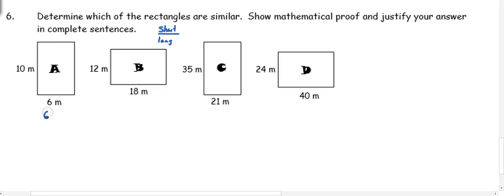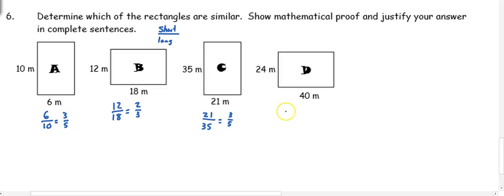So in A, my shorter side is 6, my longer side is 10. This reduces to 3/5. In B, my shorter side is 12, my longer is 18, and this reduces to 2/3. In C, my shorter side is 21, my longer side is 35, and when I reduce that, it becomes 3/5.